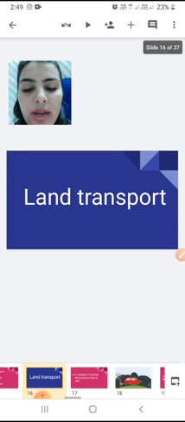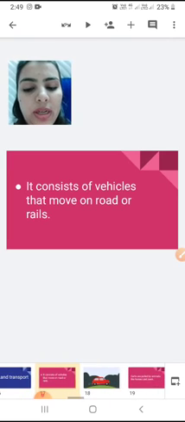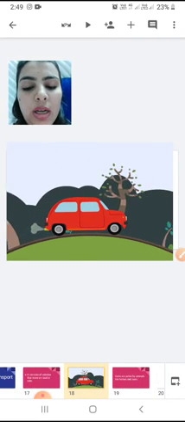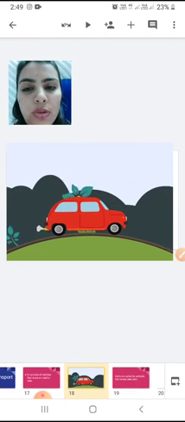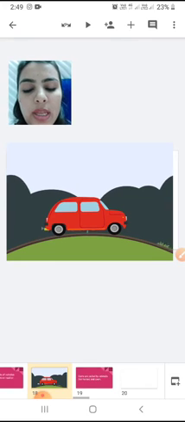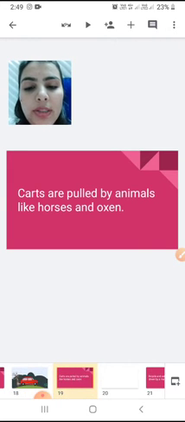So here is the land transport. It consists of vehicles that move on roads and rails. Here is an example: car. Next, carts are pulled by animals like horses and oxen.